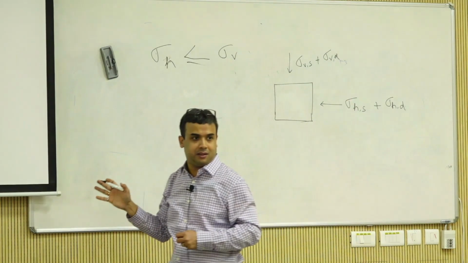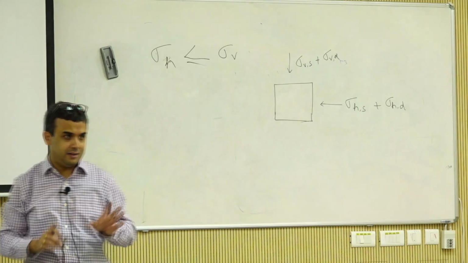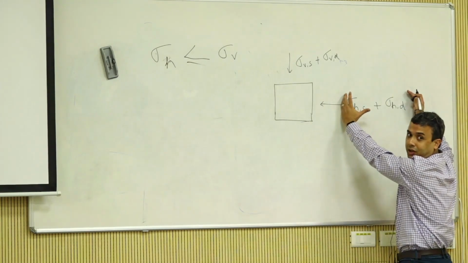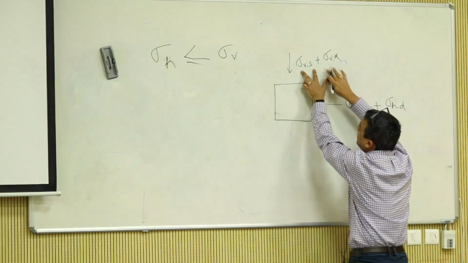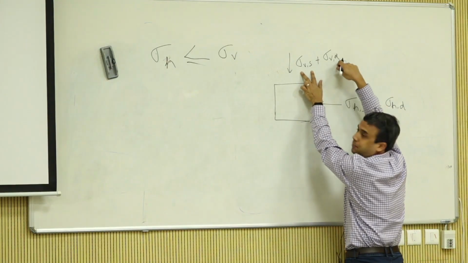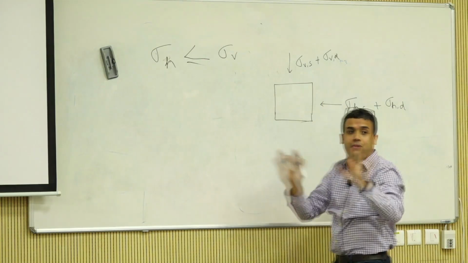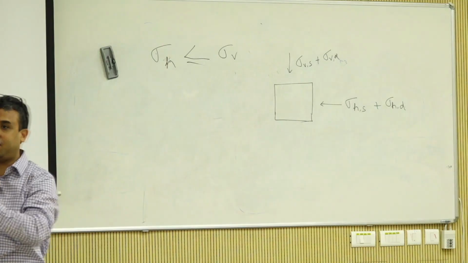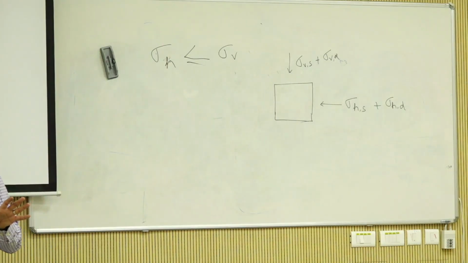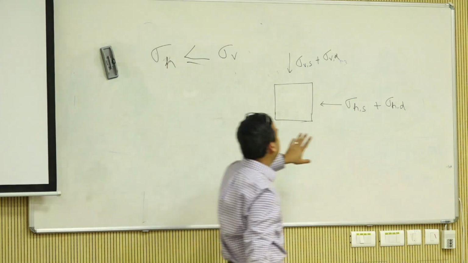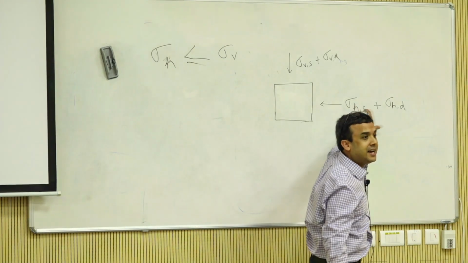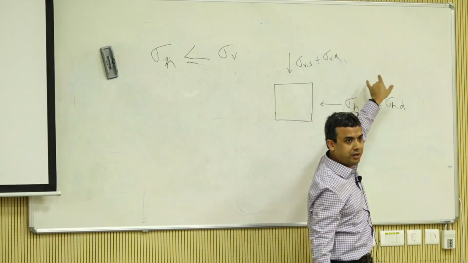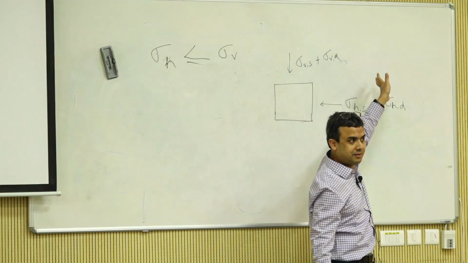Do you understand what I'm saying? Until yesterday we were just talking about sigma h horizontal, and we still had sigma h or sigma 3 plus sigma d. Now I am not worrying about sigma 1, sigma 3 or anything. I am talking horizontal, vertical, pure separation, and I am saying some magical way there is a static and a deviator component here, and a static and a deviator component here. Does that make sense?